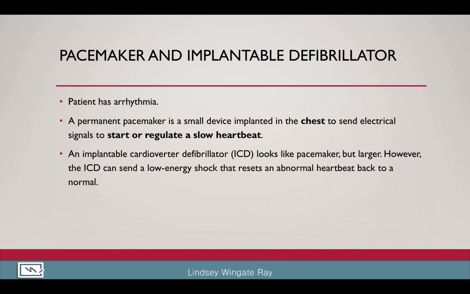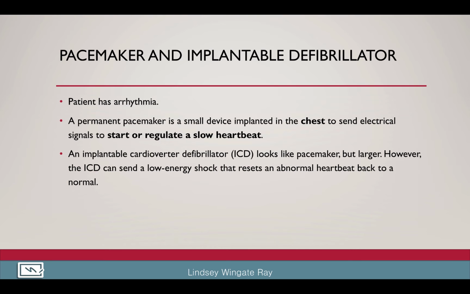The first section I want to talk about in the cardiovascular system that you're sure to have a question on is the pacemaker and implantable defibrillator section. Patients get pacemakers and defibrillators that have arrhythmia. A permanent pacemaker is a small device implanted into the chest to send electrical signals to start or regulate a slow heartbeat.